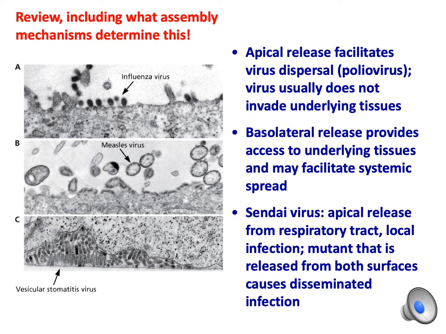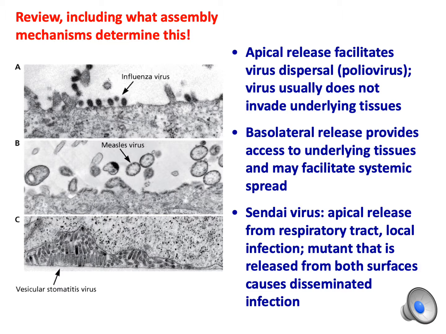When we think about whether viruses disseminate systemically or are released locally, think about what you know already from our discussions of viral assembly that determines that, whether viruses are assembling at the apical surface of the cell or whether they're assembling at the basolateral surface of the cell. And there's information on that in the slide deck that we used when we talked about viral assembly and trafficking.